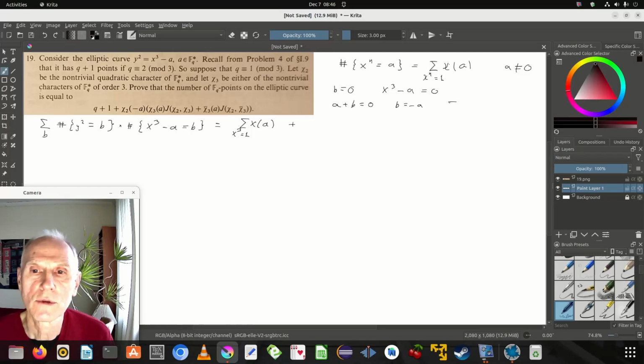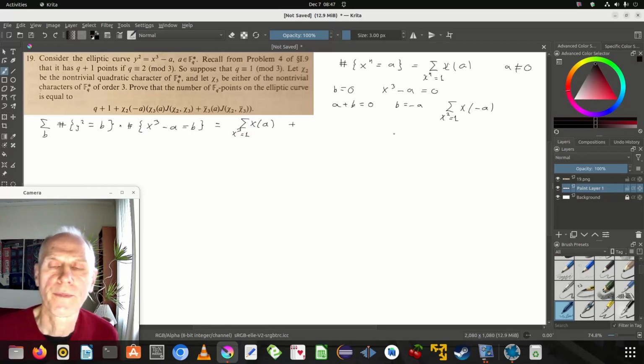So the number of solutions is the sum of chi of minus a, chi squared being trivial.